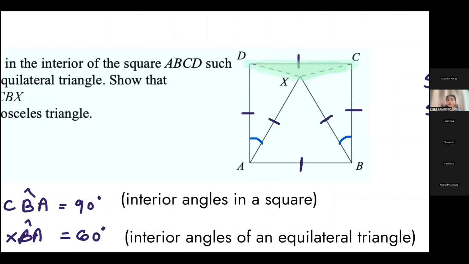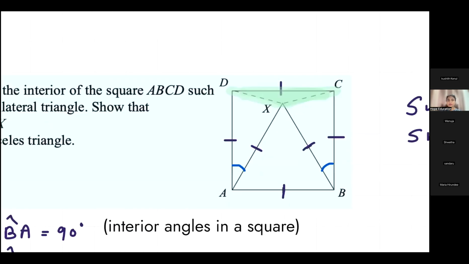Is it an isosceles triangle? Yes. How? Because it has two sides that are equal and one side is not equal. What are these two sides? It's DX and CX.